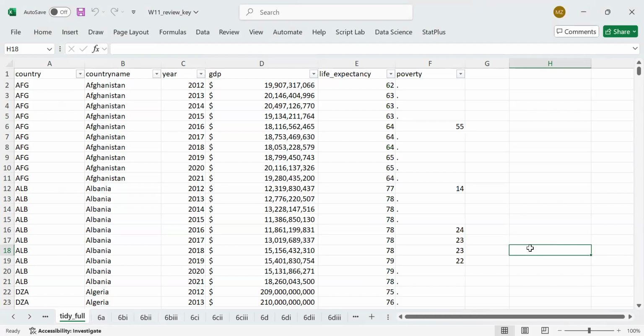Or you can download the key, which will have that. So always remember that for regression analysis, you need to have values filled. You cannot have missing values. That is part of data cleaning.